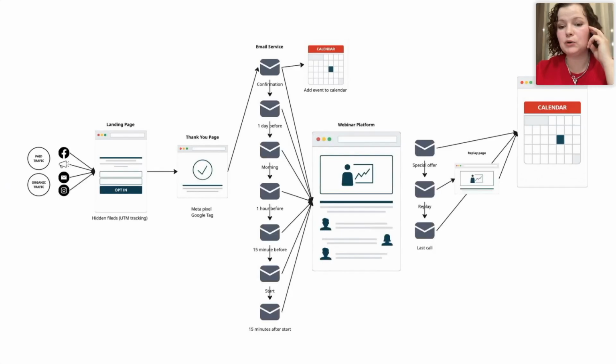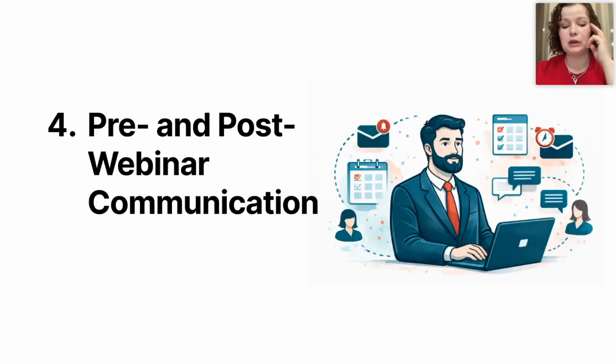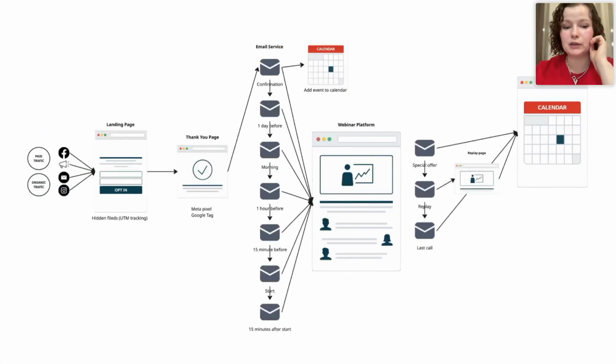Okay, this is about technical stuff, but what we should think about, I already mentioned it, is communication. In this scheme, you can see communication before the webinar, and I would spread it like communication as nurturing, warming up the people who registered, and something like reminders, something triggered by the event itself.